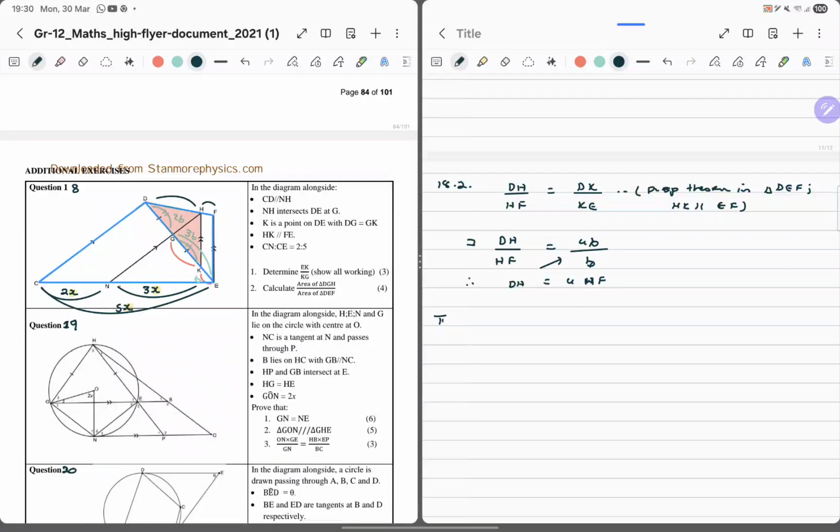That is fine. We just want an equation. So you can say then area of triangle DGH divided by area of triangle DEF is going to be a half DH, DH, yeah, times, actually I chose the wrong triangle.